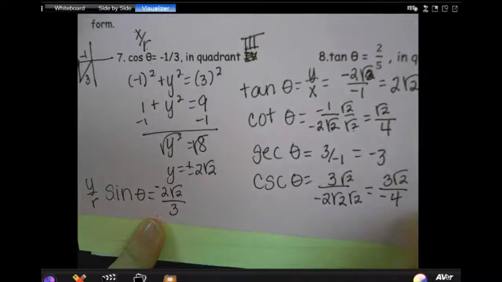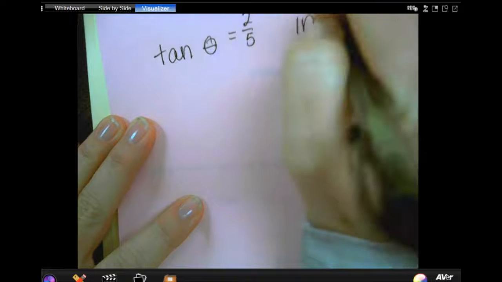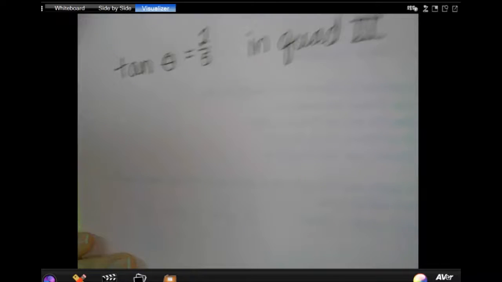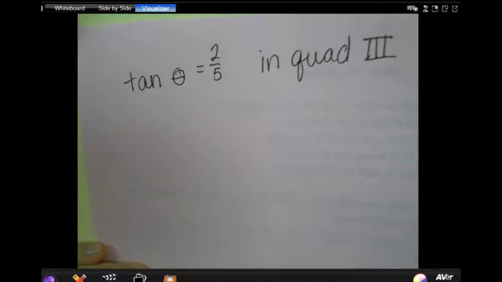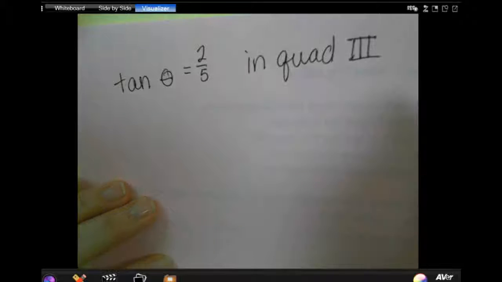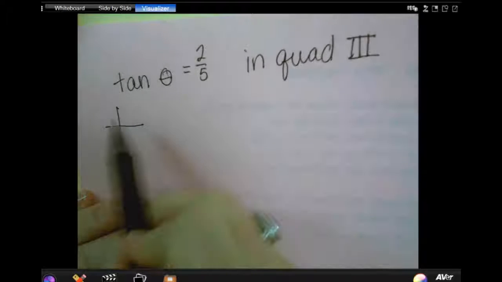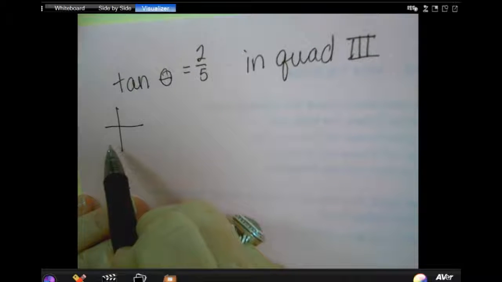Okay, so let's do the tangent on the back so we have more room to write. So I have the tangent of theta equals 2/5, and it's in quadrant 3. Okay, so the first thing I'm going to do is draw: it's in quadrant 3, so it's down here.